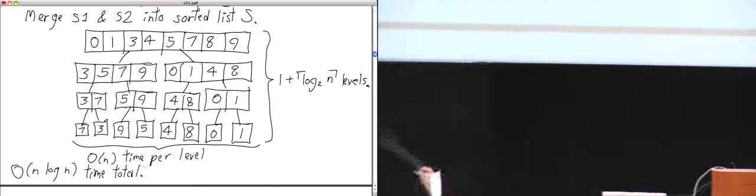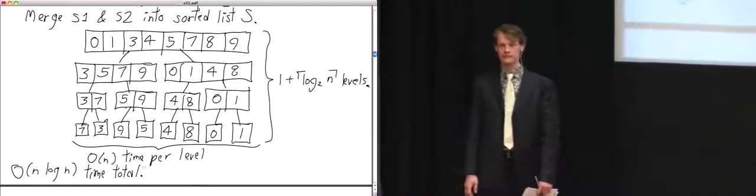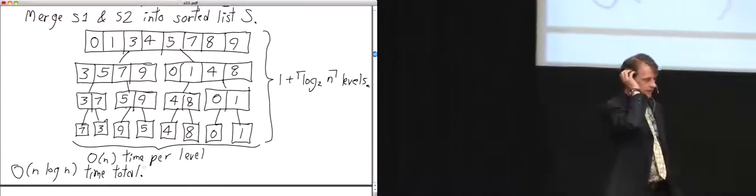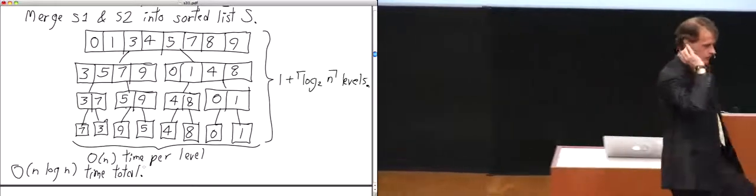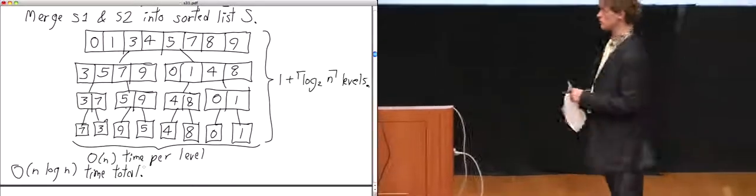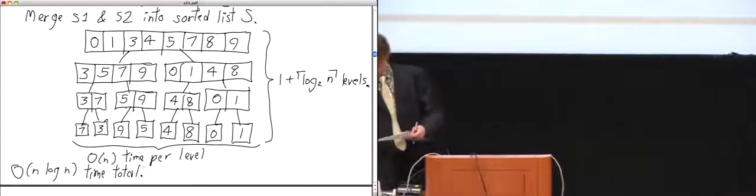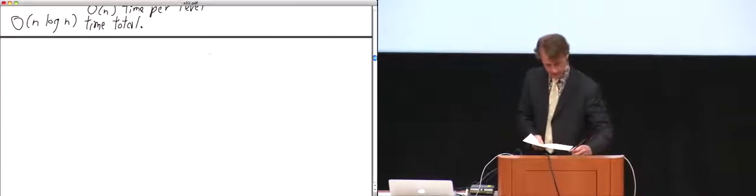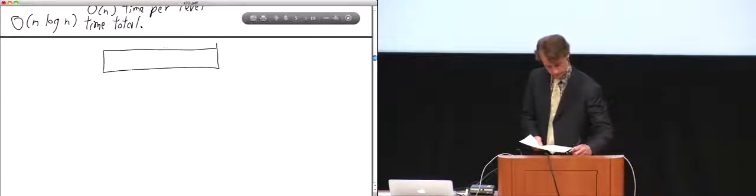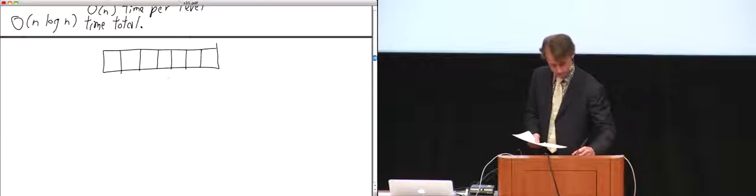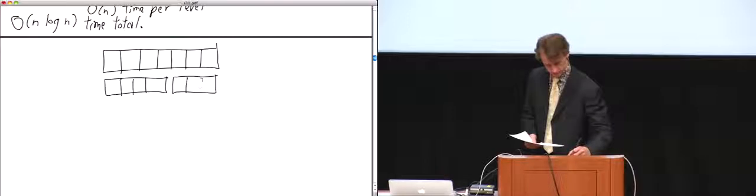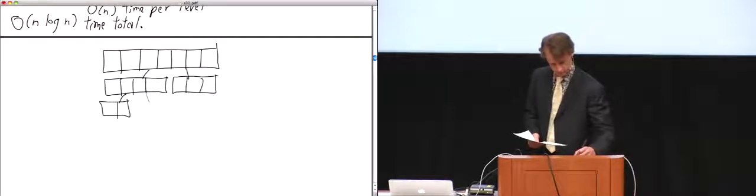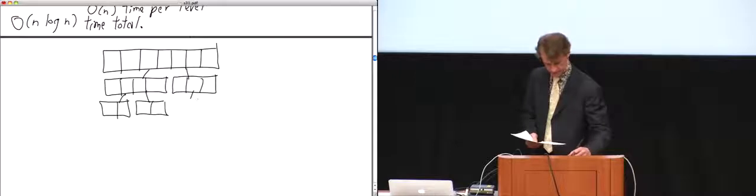Any questions about merge sort? If the length was an odd number, then things still work. So if you have seven items, then the recursion will give you 4 items here and 3 items here. And then 2 and 2, and 2 and 1.